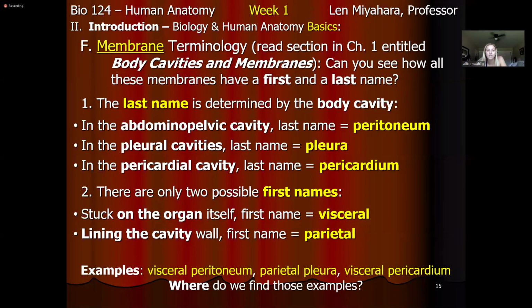Lining the pleural cavity. How about the visceral? All the words are in the bullets, people. How about visceral pericardium? Surrounding the heart. Stuck on the heart. That's why it's called epicardium. Everybody got it? Was that enough information for the first day?